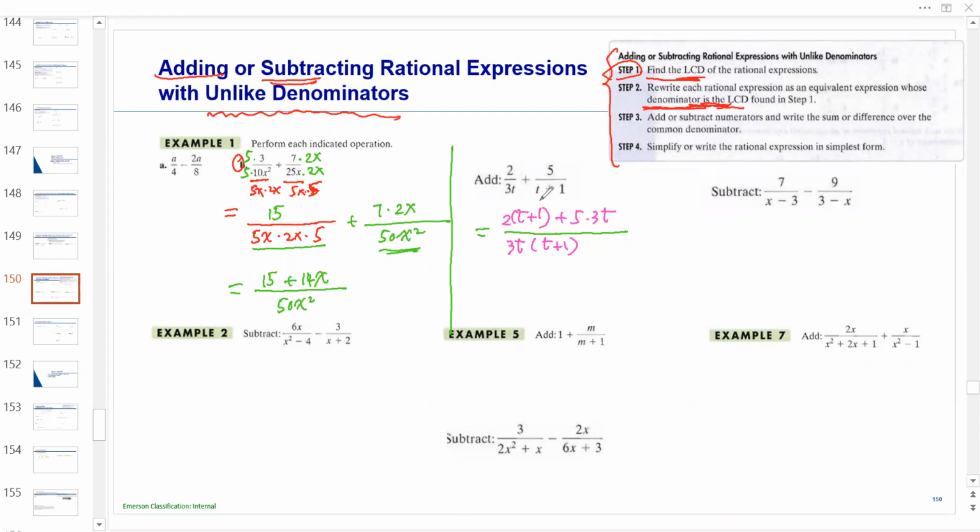When you simplify, you can go backward to this step. So now you can simplify: 3t times t plus 1 as the denominator, and the top part is 2t plus 15t, so you get 17t plus 2. The most important thing is the first step: make sure they have the least common denominator as the denominator.